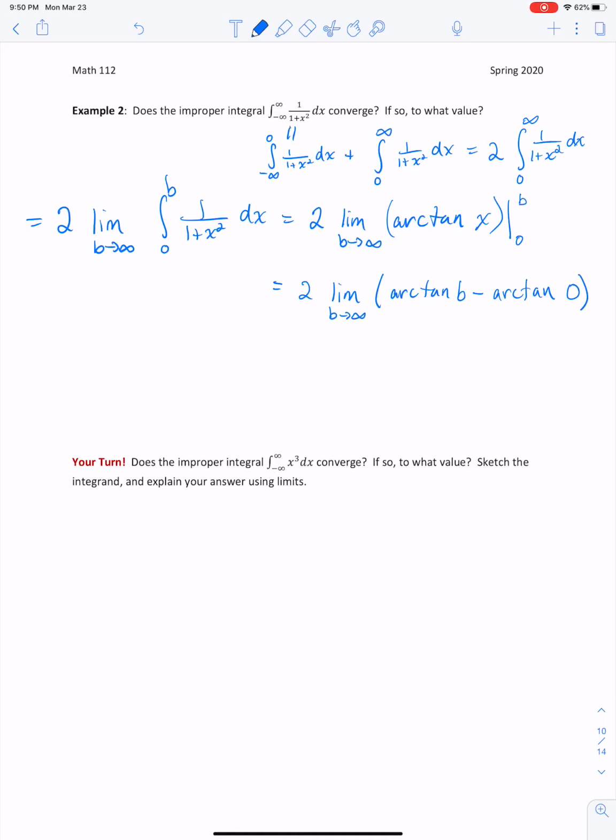And so in this particular case, what we're thinking about is now we need to know something about the arctangent function.